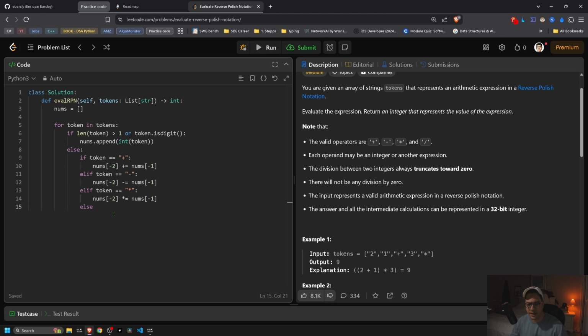Okay, great. So here, all we're missing is division, as we said. So we're going to say else, and first, let's go ahead and convert the number into an integer. We don't care if it's a floating point or whatever. The first thing is we need to make sure when it goes to the stack, it's an integer. So we're going to say num, we're going to grab the same number at position -2. It's going to be equal to integer.